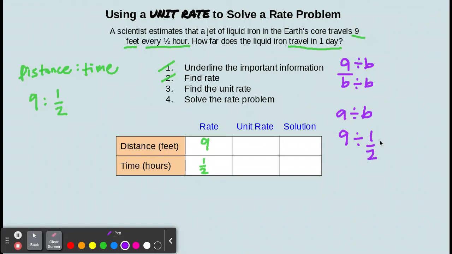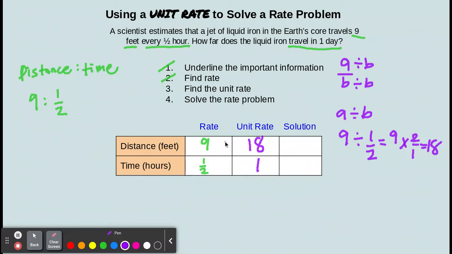All right, let's go back to this and do 9 divided by 1/2. It's the same as 9 times 2/1, which is the same as 18. Right? So we travel 18 feet in 1 hour.